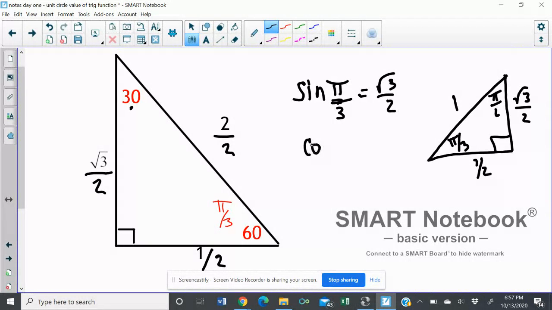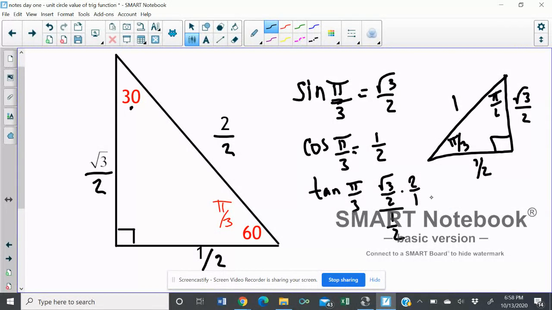Cosine of it is what's next to it, which is 1/2. Tangent, we take root 3 over 2 and we divide it by 1/2. I'm running out of room, sorry. Multiply it by the reciprocal, and you just get root 3.